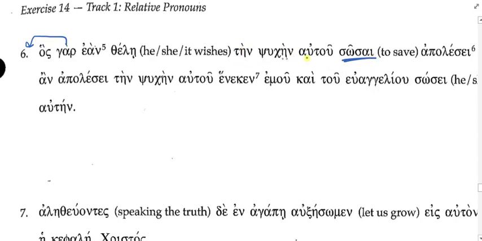Now look at tain psukein autu. What case is tain psukein? Accusative. All right. So what might its relationship be to this infinitive, to save? Yeah, it's the direct object of it. Whose psukein? Autu is in the genitive case, right?